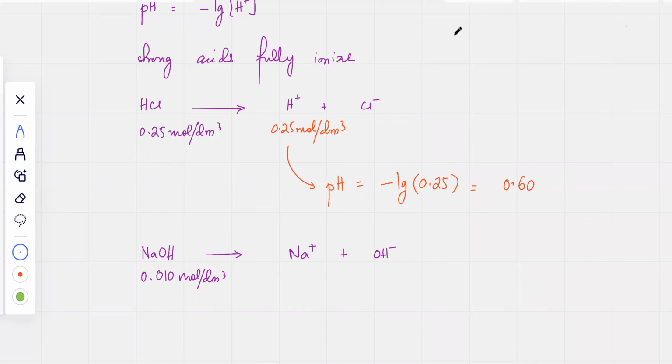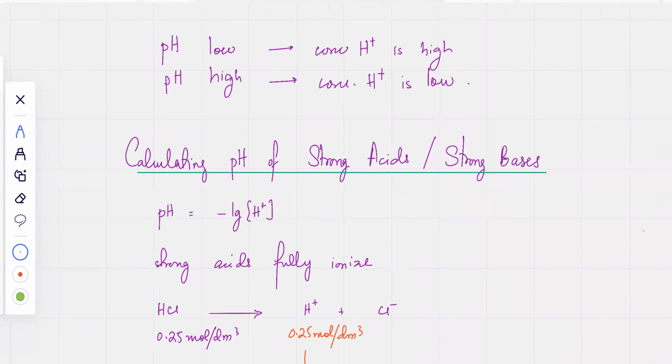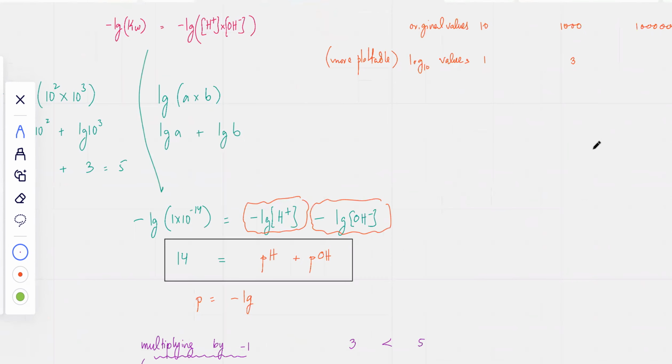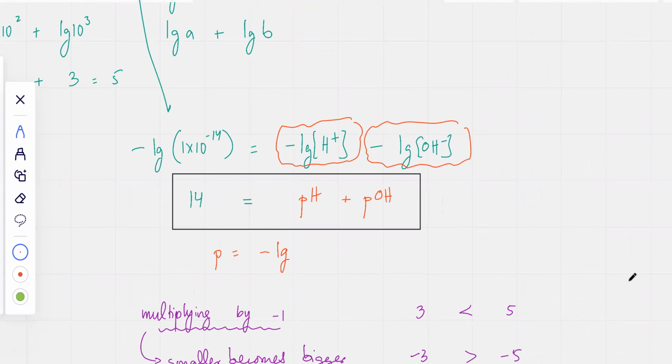Now, when it comes to pH, remember we talked about this thing, that we are always tracking H+1 concentration. No one really cares about OH concentrations. Why?